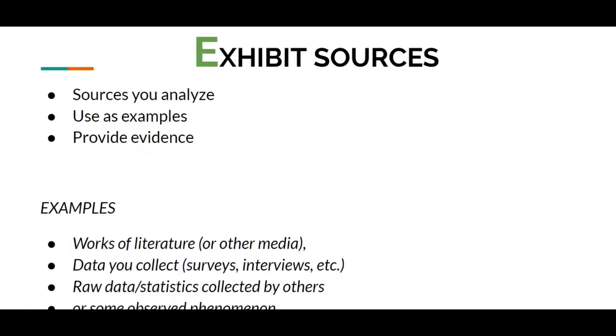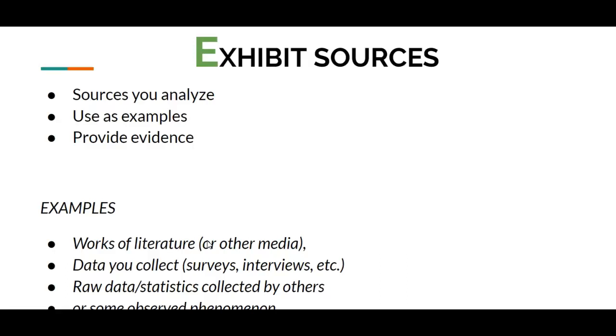The next type of source is an exhibit source, and I like to think of this as an example. These would be sources that you would be providing as an example. They might be things that you are interpreting or analyzing. If you are doing research on a particular novel, you might have examples of quotes from that book.